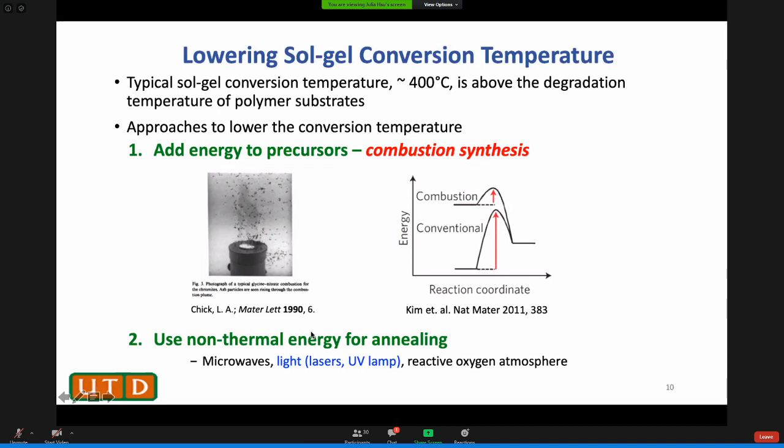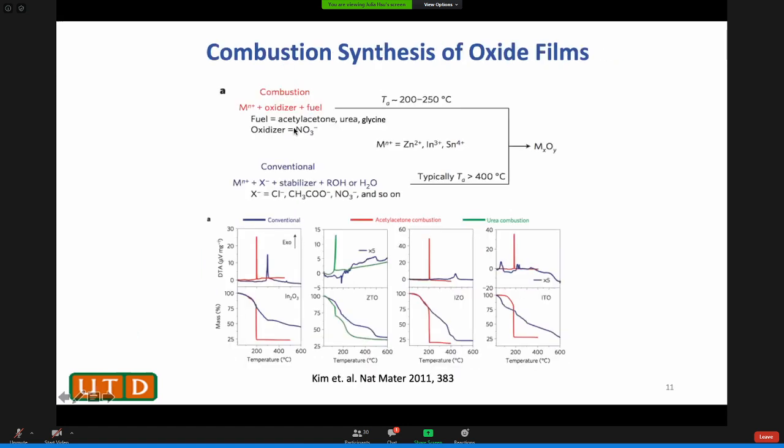So on combustion synthesis, this is a conventional sol gel synthesis, which typically needs to have activation energy above 400 C. On combustion, you add a fuel. Here are some examples of fuel: ACAC, urea, or glycine. And you use an oxidizer, which in our case, we always use nitrate.